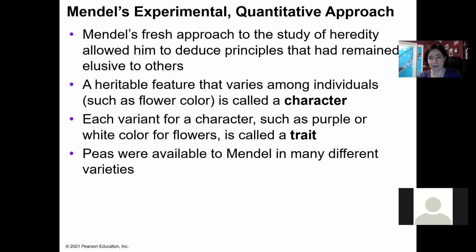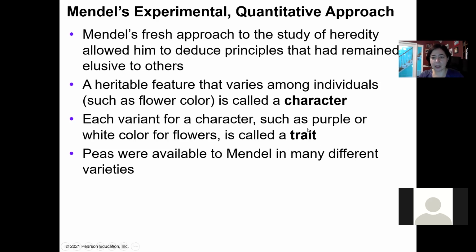So it's a character. Now, each character has different variations, right? For example, if you refer to the color of the flowers, it can be red, it can be blue, it can be yellow, right? Eye color could be blue, could be brown, could be hazel.